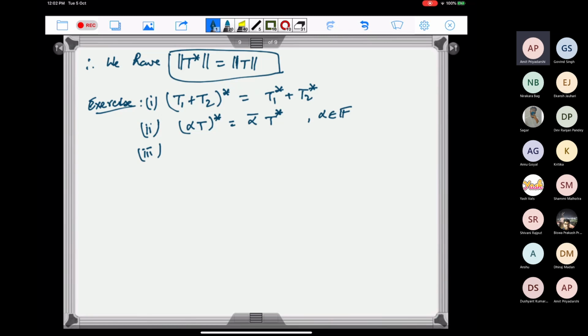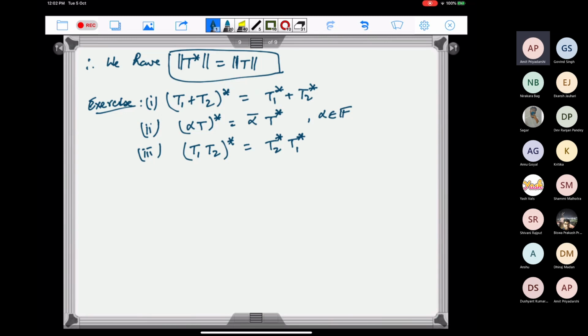If we have T1 and T2, we know that we can even take composition. So we can take T1, T2. If I take the adjoint of T1, T2, that is equal to T2 star, T1 star. All these properties you would have seen for the adjoint of a matrix.